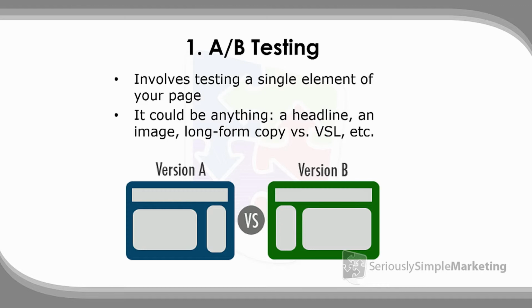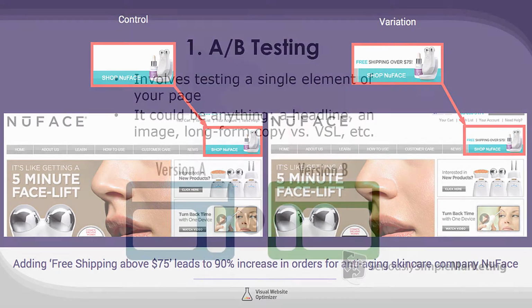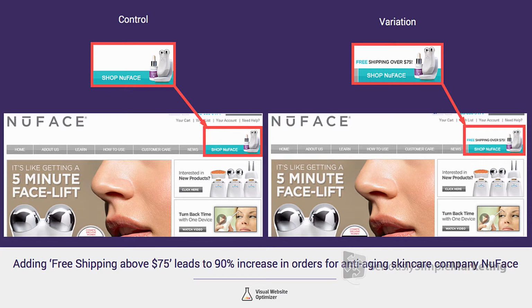You could test your CTA, the call to action that's actually on your button. What I mean by that is you could test a button that says add to cart versus a button that looks the same but says order now. Here's an example of an A/B test. On this website, you've got 2 little things up in the upper right hand corner of each site, and we'll magnify this a little bit.